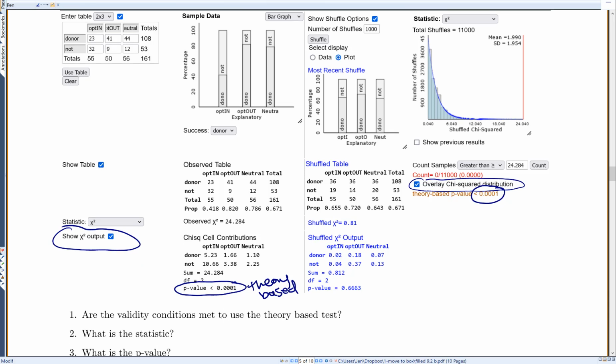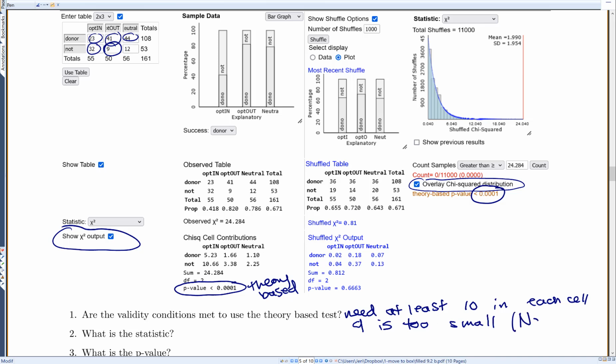The validity condition is you need at least 10 in each cell. So 23 is bigger, 41 is bigger, 44 is bigger, 32 is bigger. 9 was not bigger, so 9 is too small. So no, we shouldn't use theory-based.